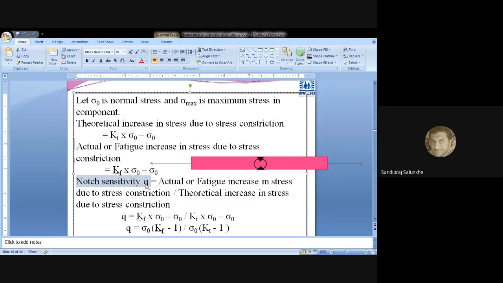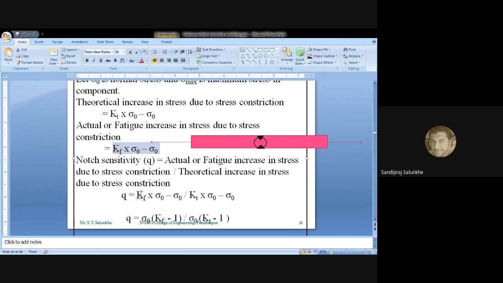Now we'll go to the notch sensitivity. Now this notch sensitivity Q is mathematically defined as the ratio of actual or fatigue increase in stress concentration divided by theoretical increase in stress concentration. Okay. So the actual increase we have already calculated: Kf into sigma 0 minus sigma 0.